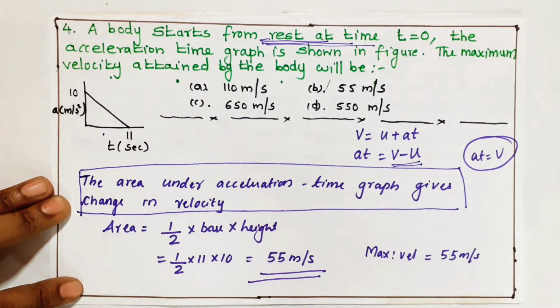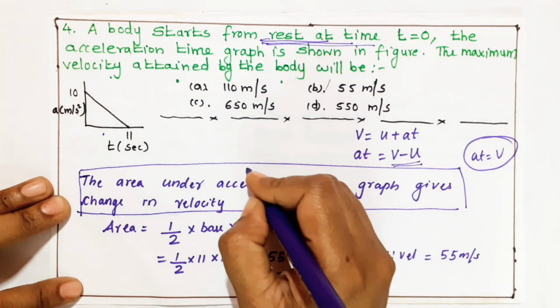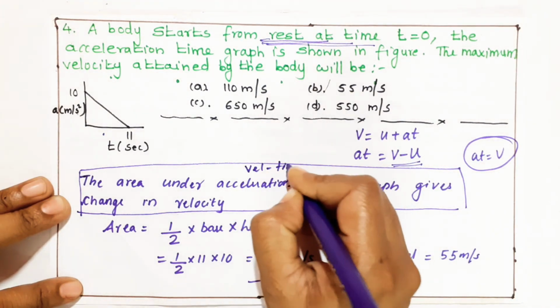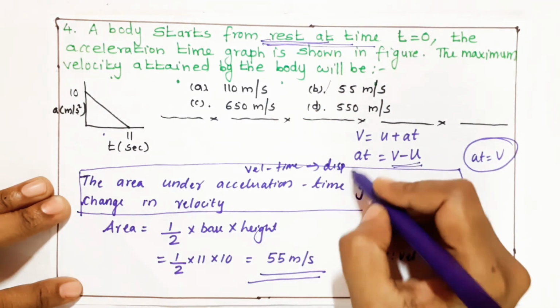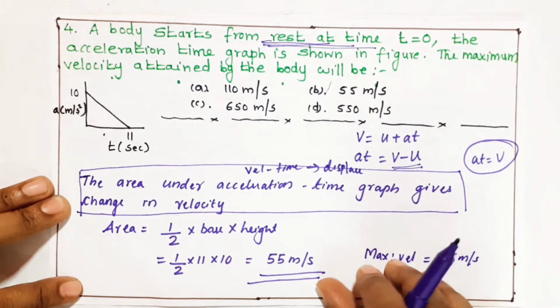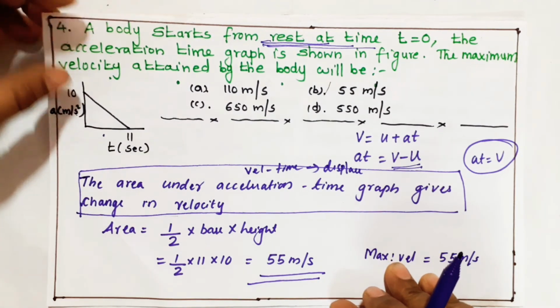And I gave you another one. What about the area under the velocity time graph? The area under velocity time graph gives displacement. Area under velocity time graph gives displacement. Clear? We'll go for the next question.